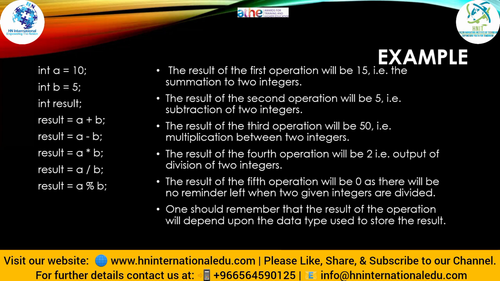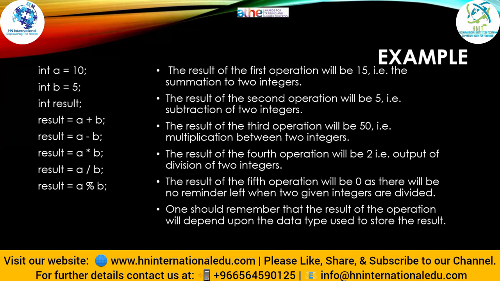The summation of two integers is, as we all know, the same. Whenever you write this statement in your programming tool or any software that you use to write your program, it will help you understand the outputs. So you can write up your program and also see the result of these operations.